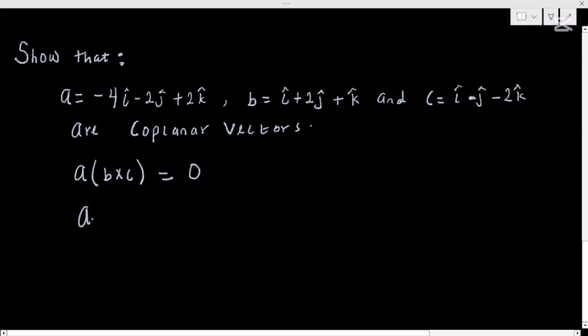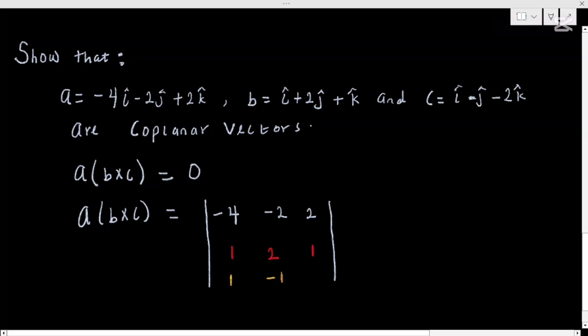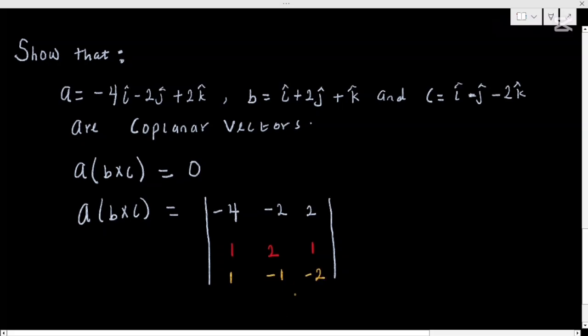So for A, we are going to be having -4, -2, and 2. For B, we will have the coefficient of i is 1, the coefficient of j is 2, and 1. And for C, we will have 1, -1, -2.